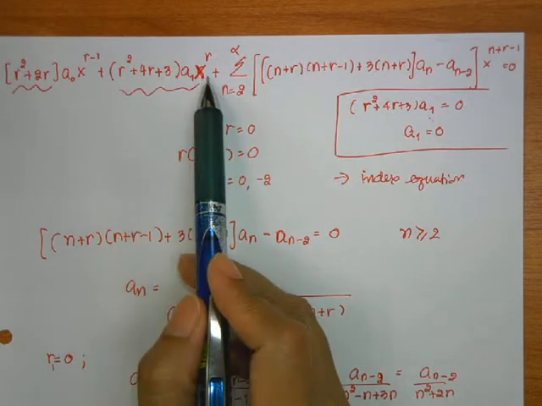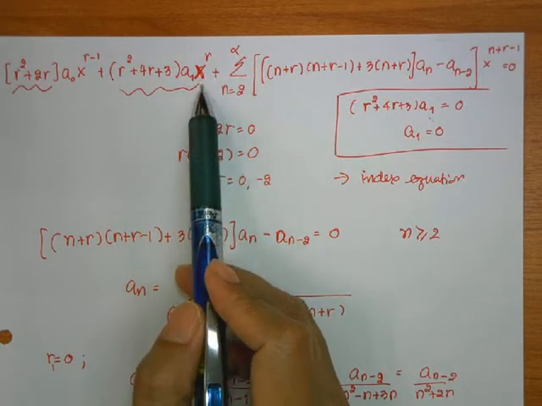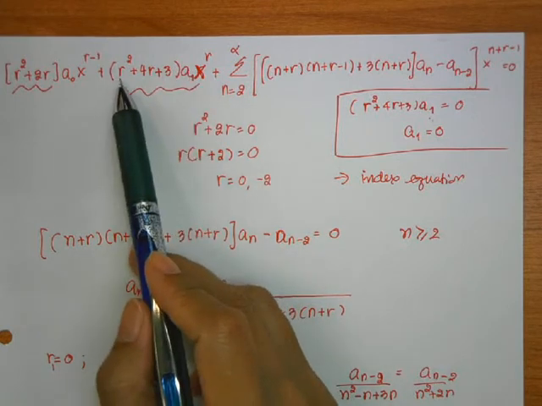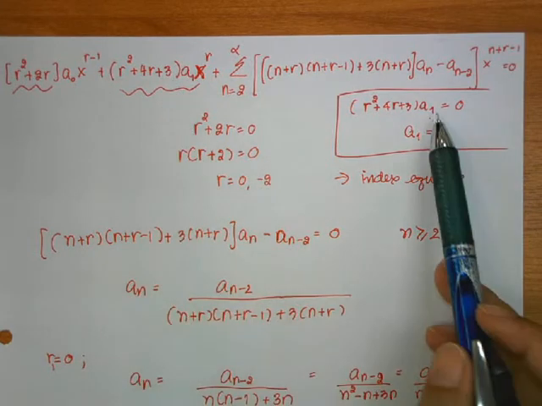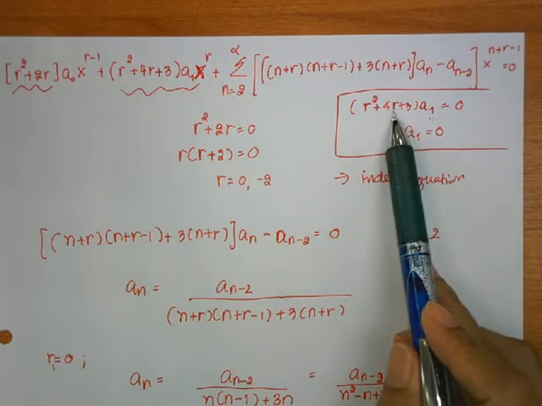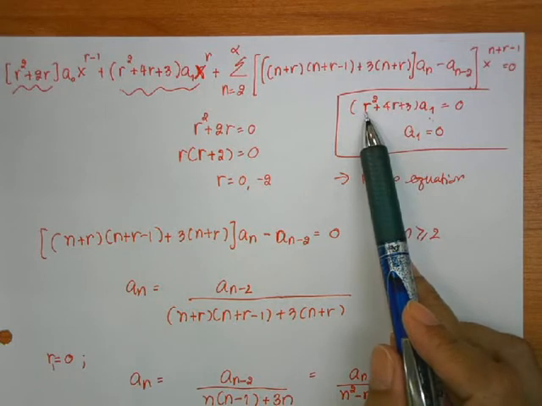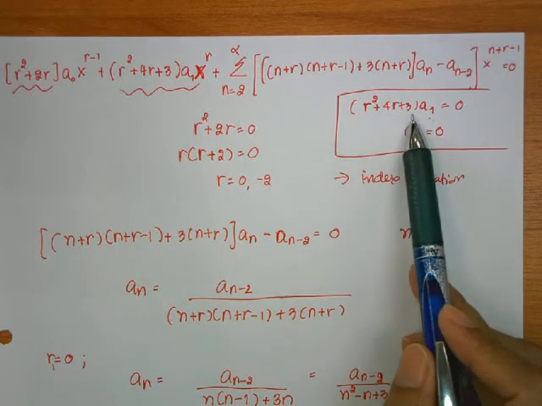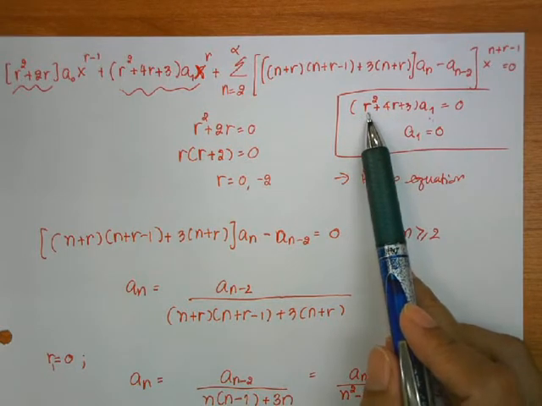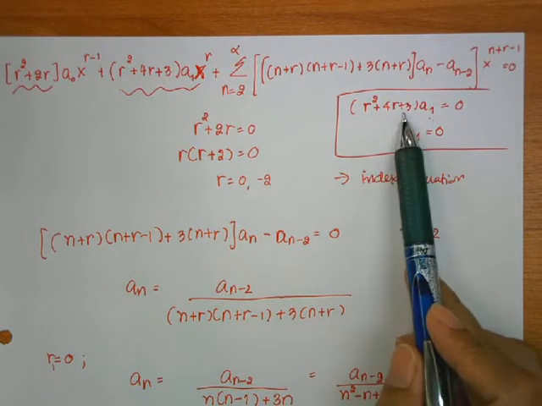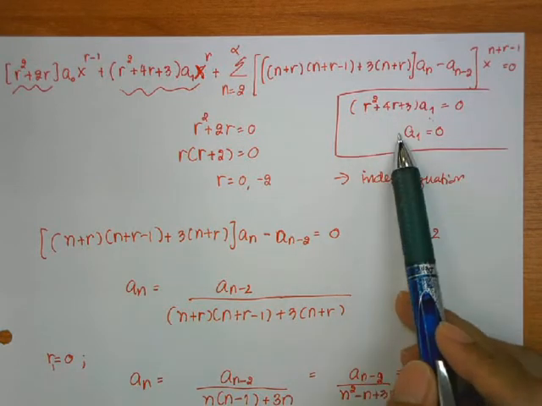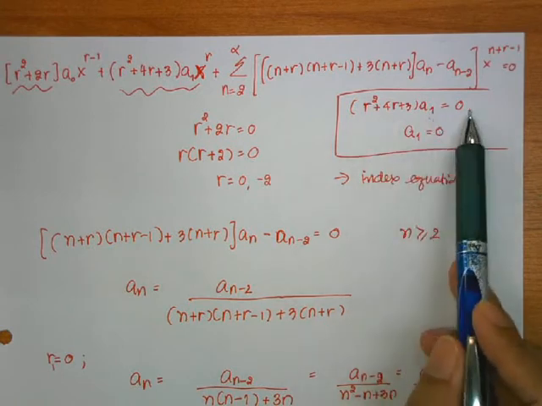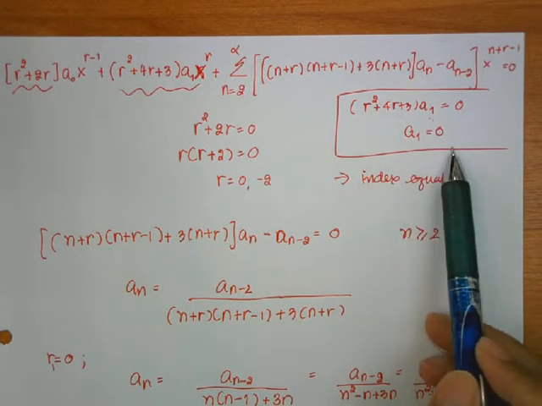So x to the power of r is not equal to 0, so a1 times r squared plus 4r plus 3 should be equal to 0. But the term inside the parenthesis is never equal to 0, because you know the value of r is equal to 0 and minus 2. So it doesn't go to 0, so the only condition that can make this term equal to 0 is a1 equal to 0.